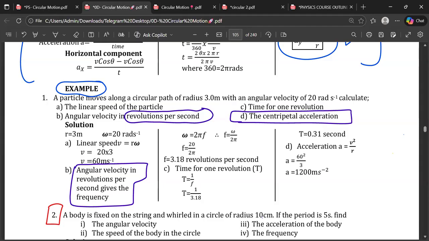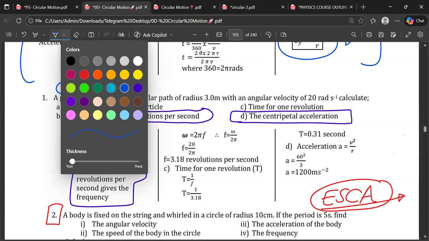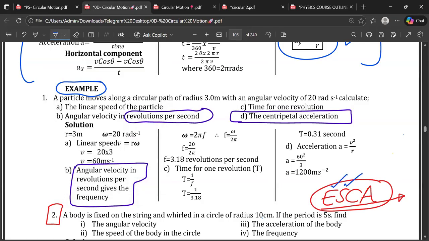Provided you follow the ESCA model. Let me even put it here. For me, I'm going to just put answers. We are going to just check answers, then you confirm that you've understood. Expression, substitute, get me the answer.